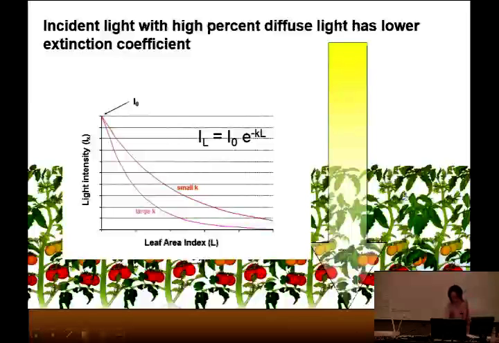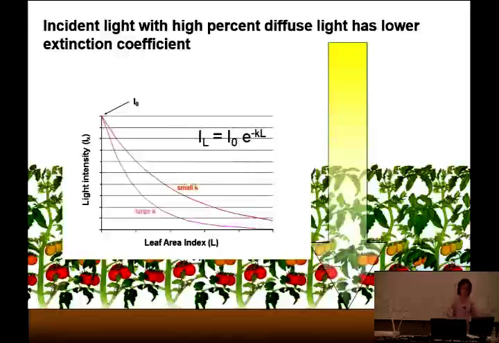And diffuse film is good because diffuse light can penetrate more into the canopy. So if you measure the extinction coefficient you learned before the spring break, you should have a low extinction coefficient under the greenhouse having more diffuse light, right?